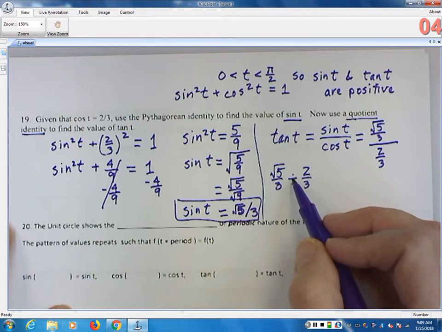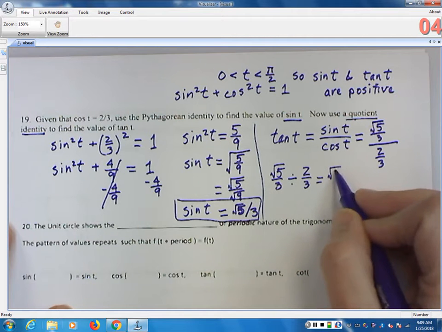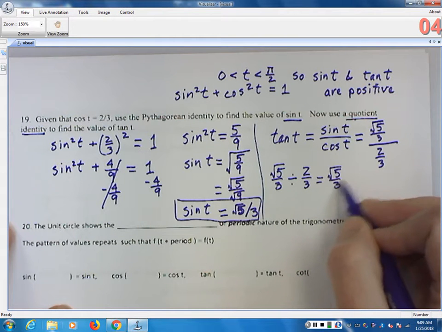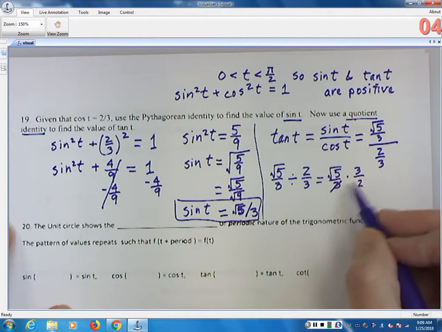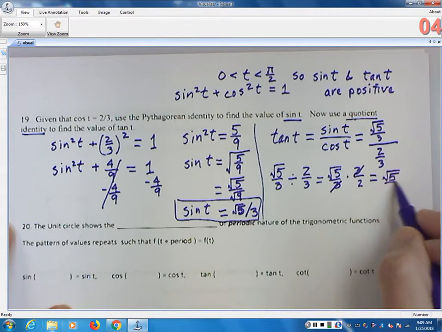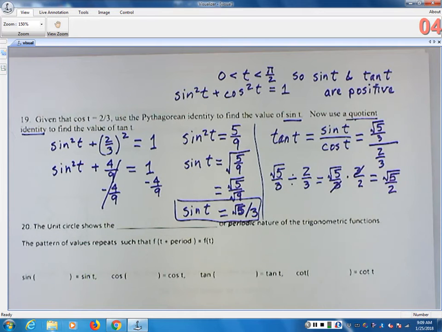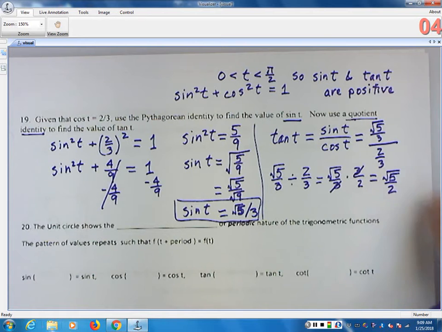We change this to a multiplication, flip the second fraction: square root of 5 over 3 times 3/2. And so the 3's cancel, and you get the square root of 5 over 2. If you understand how this works, you could cancel the 3's here and skip some steps. That's what I did in class the other day.